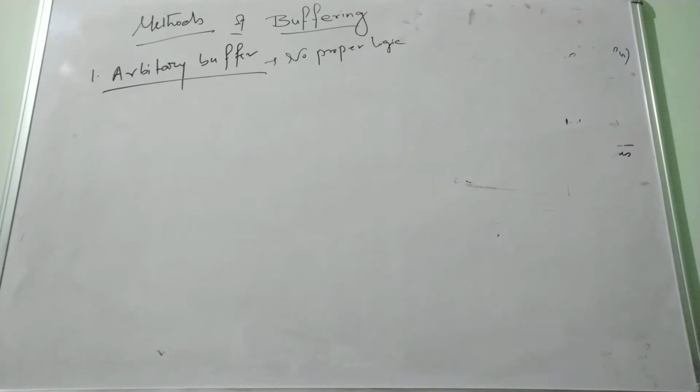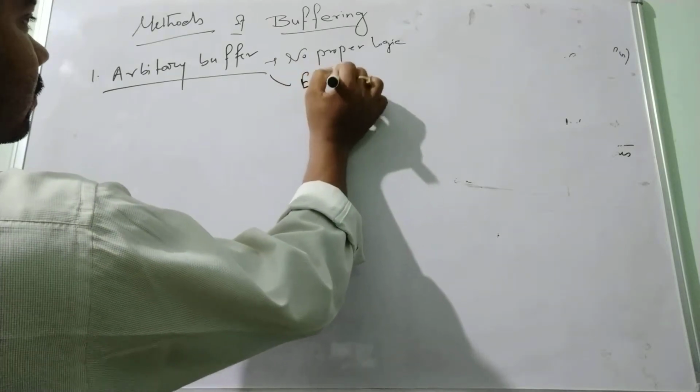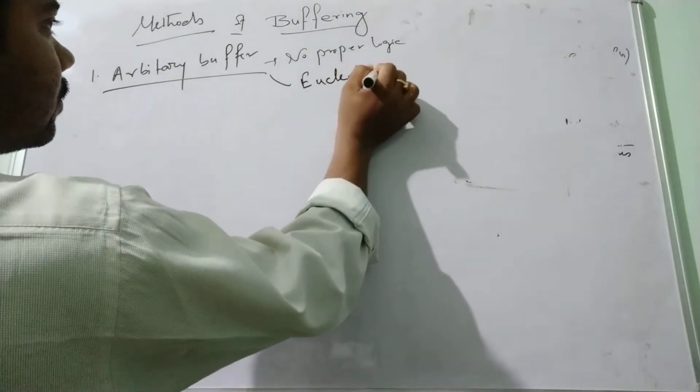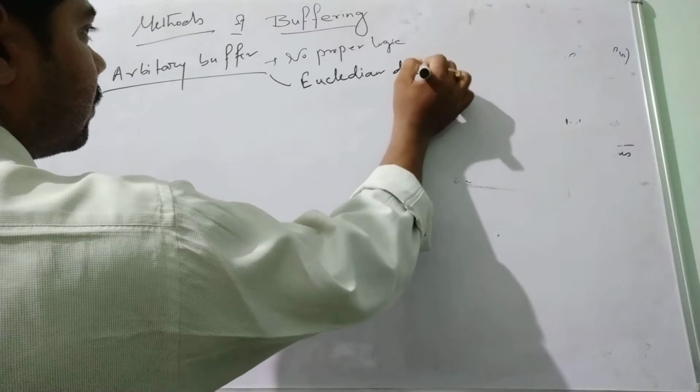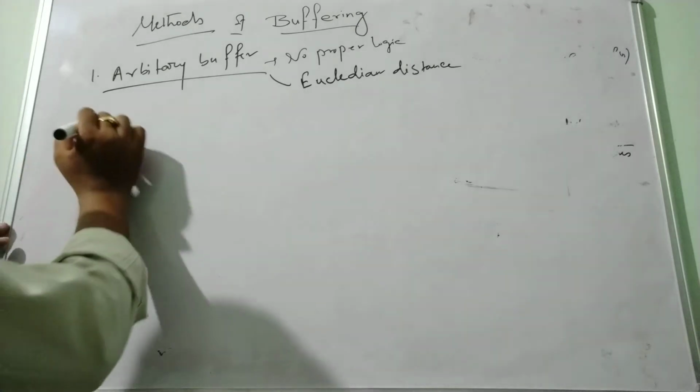This is basically a guessed buffer, and it is larger than the actual need, with extra distance, and this distance is known as Euclidean distance.